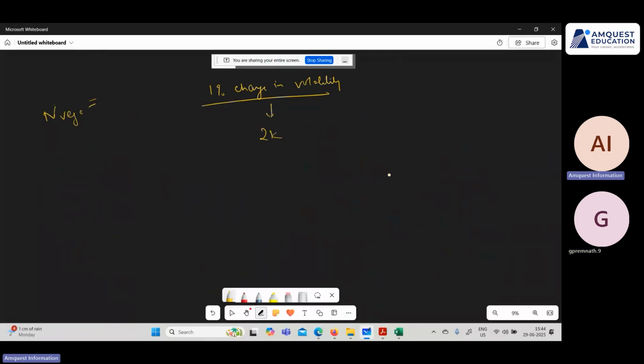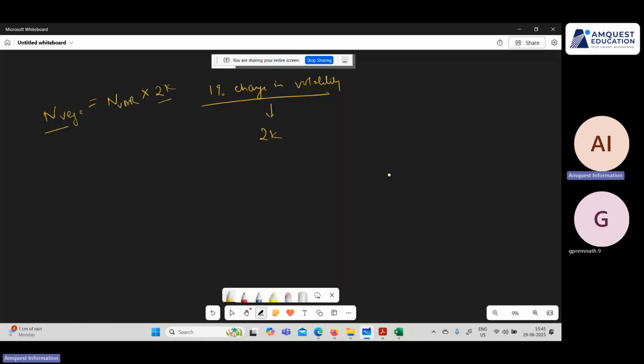We talked about it. On how much value? On a notional principal. So can I say that my N Vega is given by N var multiplied by my change in volatility, which is given by 2K? No, I didn't understand. I don't know how you went from N var into 2K.